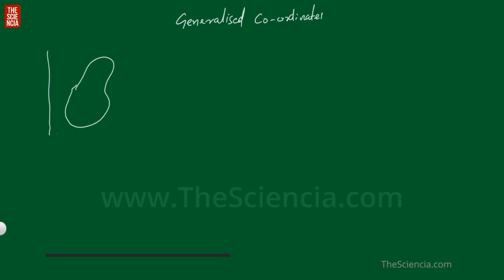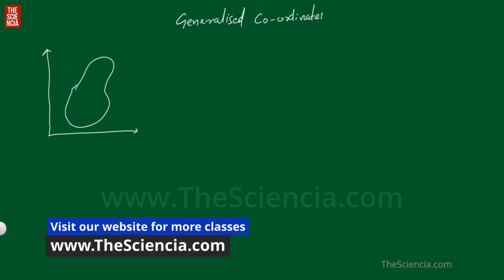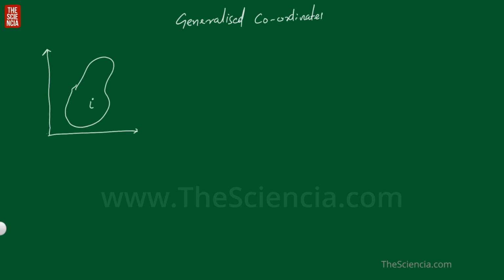Now I am going to discuss generalized coordinates. For a system of particles like this one, in some generalized coordinate system, this is my ith particle, and the position vector is Ri vector. So I can write Ri vector as a function of the generalized coordinates q1, q2, etc., qn.